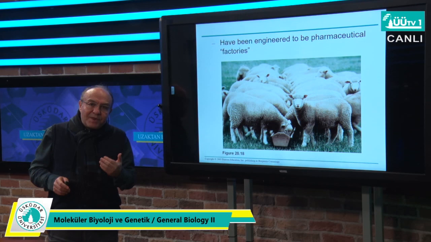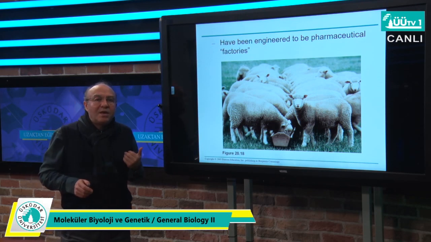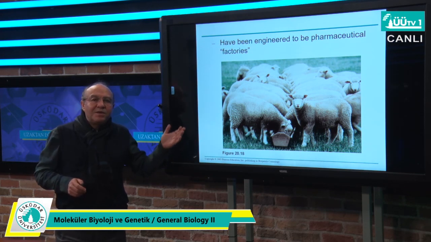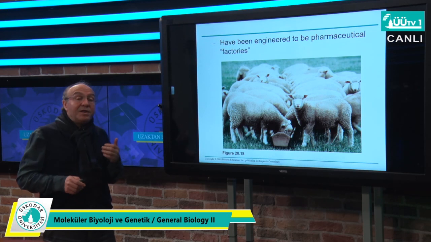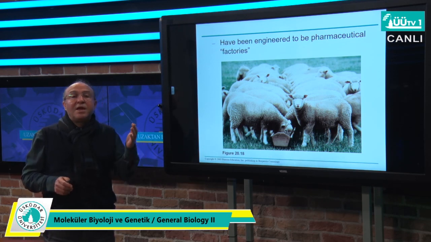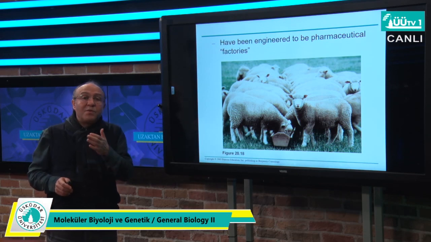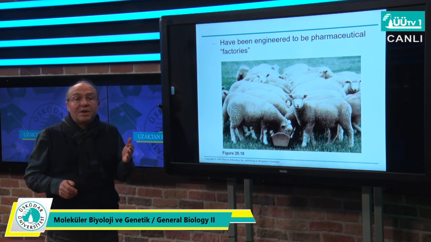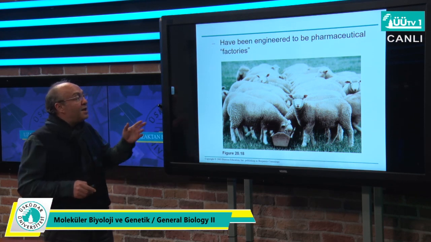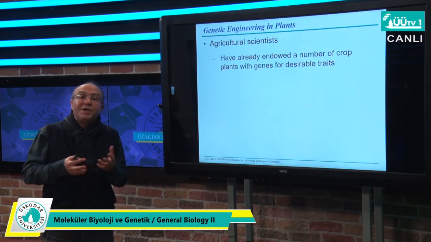They injected the interferon gene into the sheep's mammary gland, and then the sheep started producing interferons for us, because interferons are very important proteins against viruses, one of the most powerful weapons for human beings against viruses. So these transgenic animals are producing this kind of thing.